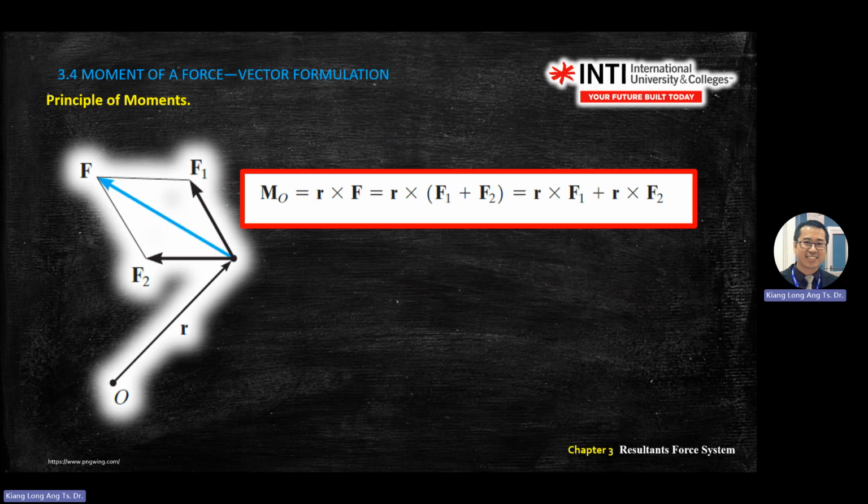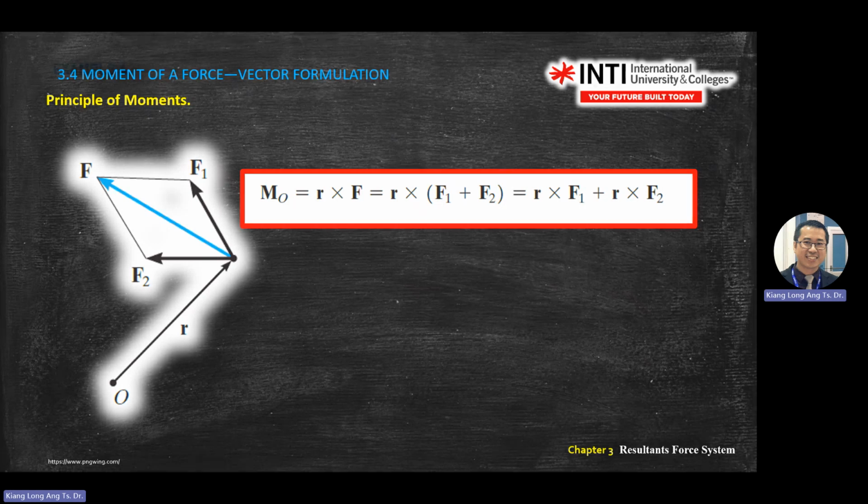It's the same application. So R cross F, actually, when you expand that force, you can split it into two forces in any direction you want, as long as it fits the parallelogram law. So you can split F into F1, F2. So you can do cross products 2 times. This is moment number 1, moment number 2, means you have one set of matrix plus one set of matrix. These are small forces.